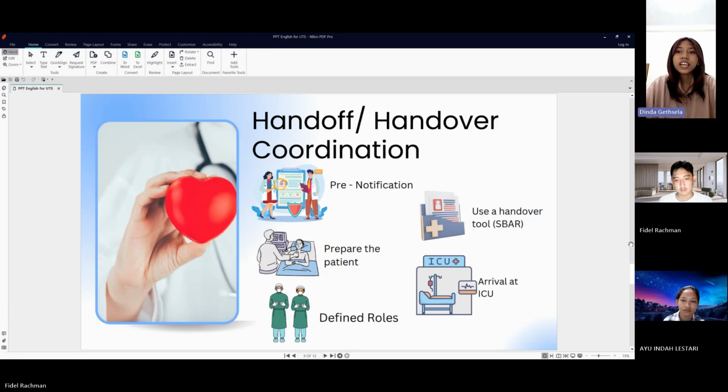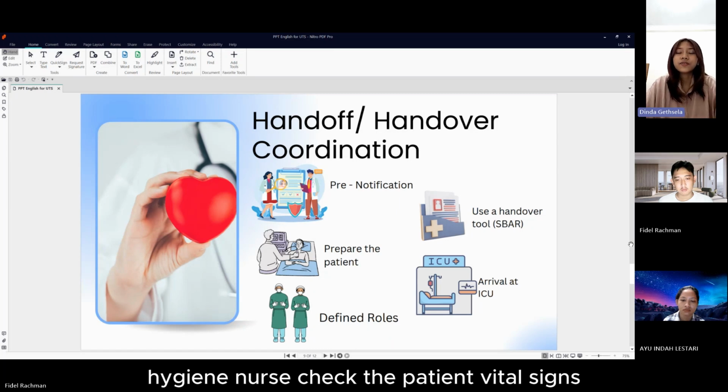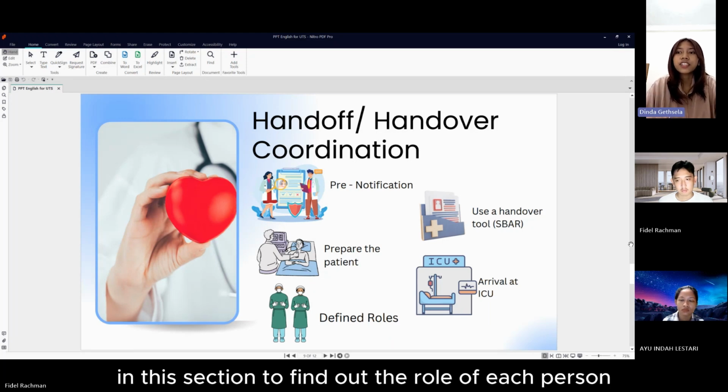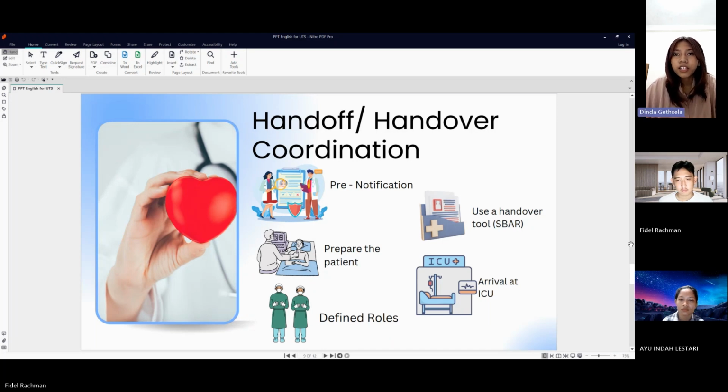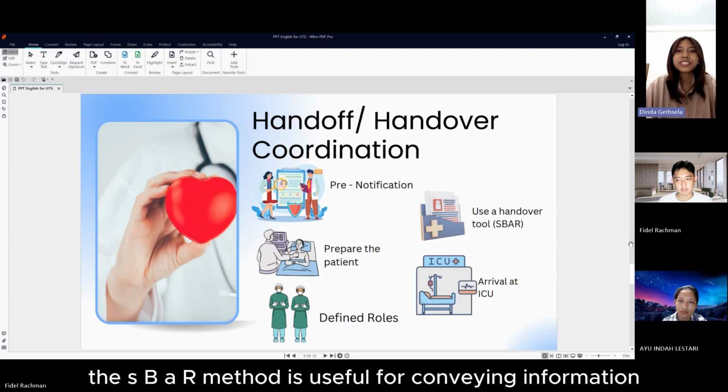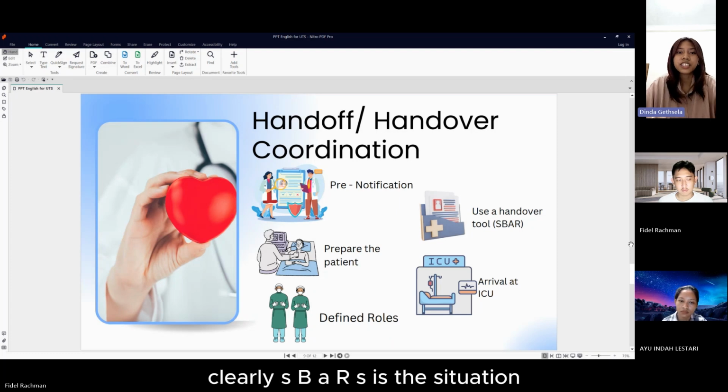In this section, the IGD nurse checks the patient's vital signs, which consist of heart rate, blood pressure, and oxygen. Third is define roles. In this section, we find out the role of each person. The fourth step is use the handover tool, or SBAR. The SBAR method is useful for conveying information clearly.